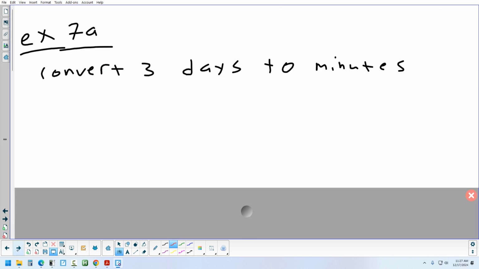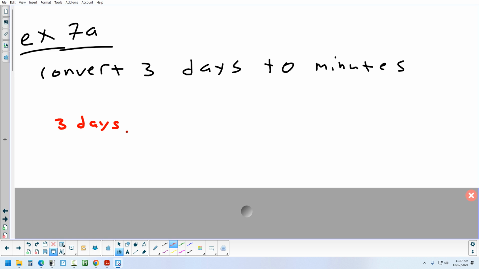Okay. We're going to start out with a very basic conversion, just converting days to minutes, just to practice units. That's not even a speed. That's just a time. So let's say we have 3 days. To convert that to minutes, we're going to go one step at a time. We're going to go from days down to the next smaller unit.